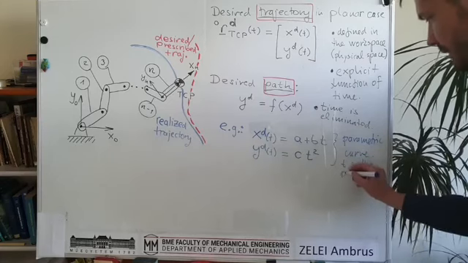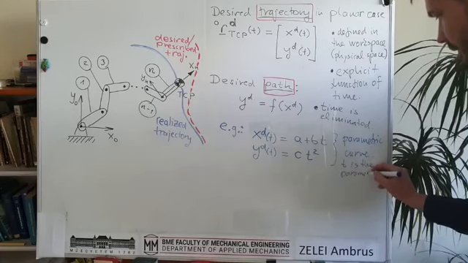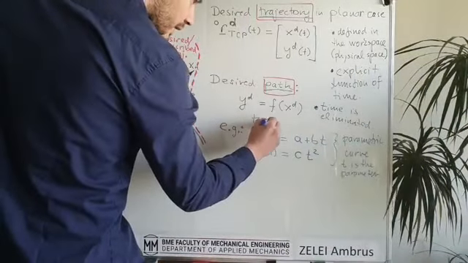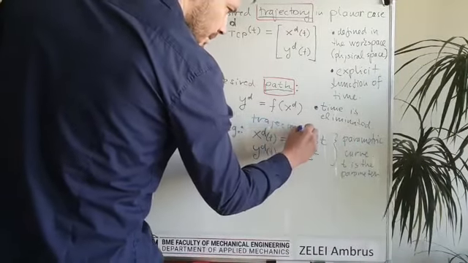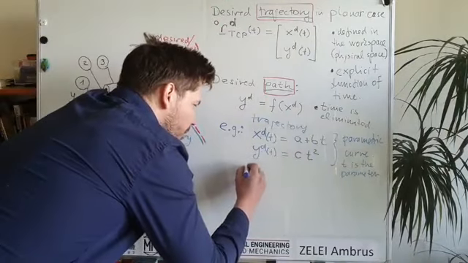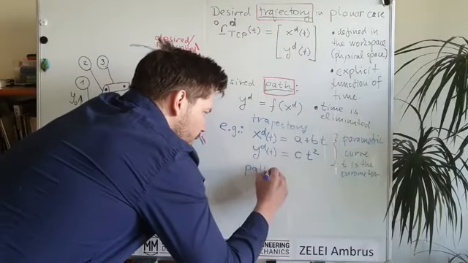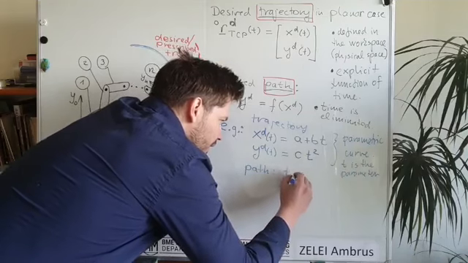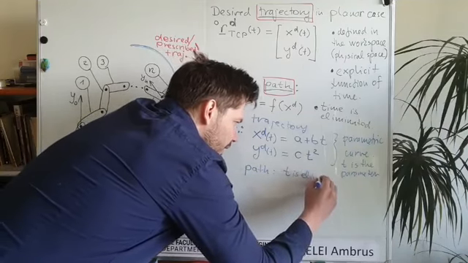T is the parameter. And this is the trajectory. And we can obtain the path if t is eliminated.